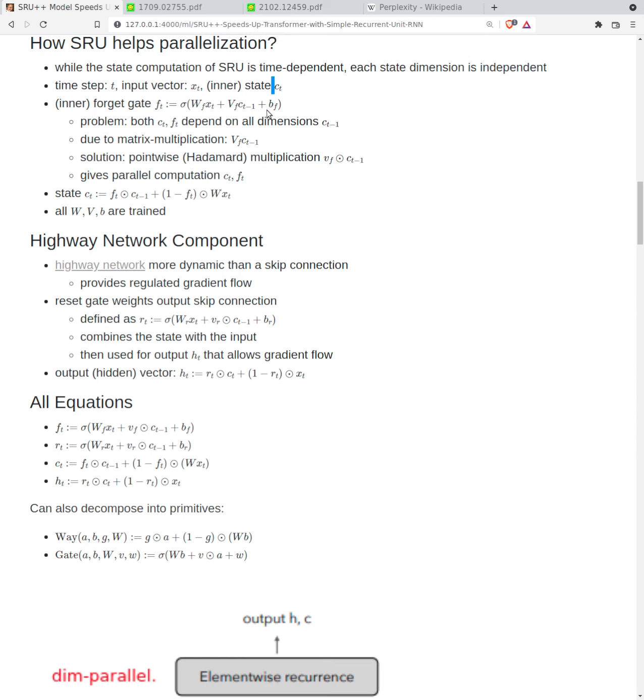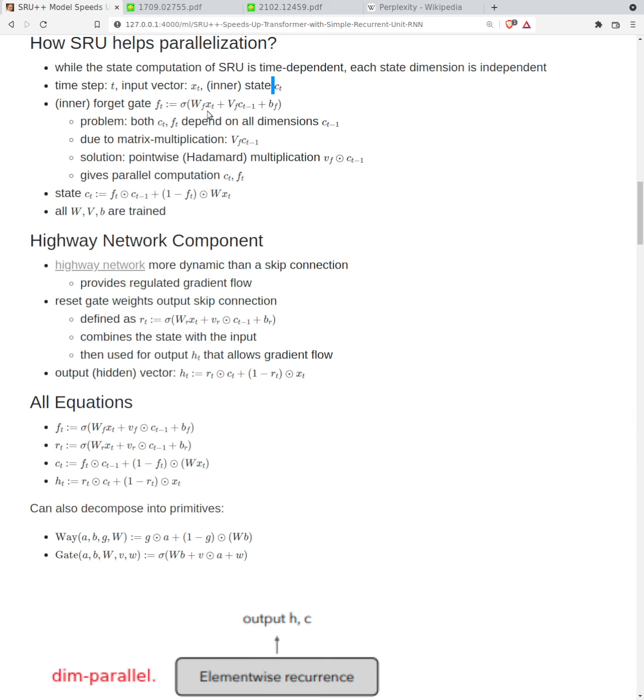In recurrent networks, there is the concept of a forget gate, which controls how much information is used from the previous state. If this forget gate is 0, we don't use anything from the previous state. If it is 1, we use the maximum. To calculate this forget gate, we use a sigmoid, which depends on xt through some matrix, and the previous state, again multiplied by a matrix, and some trainable vector.